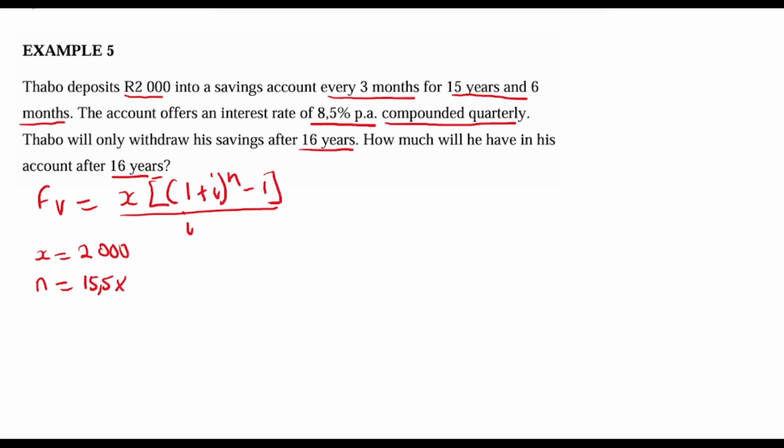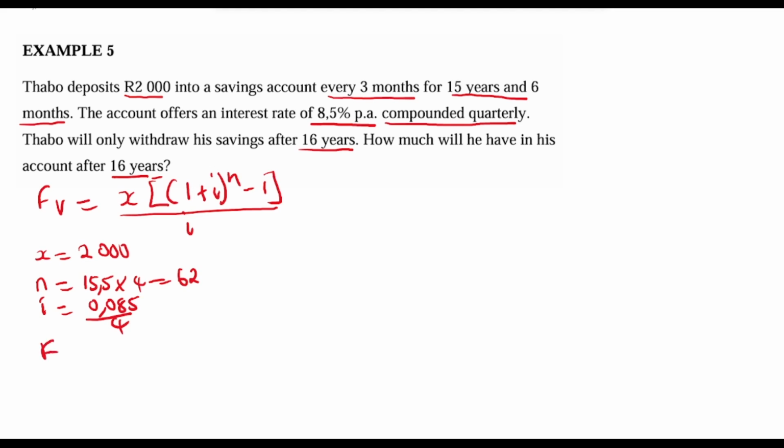And then we multiply by 4 since the deposits are done quarterly. So 15.5 times 4 gives you your 62 payments. Our i is 0.085 divided by 4.